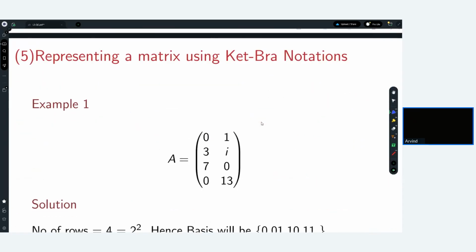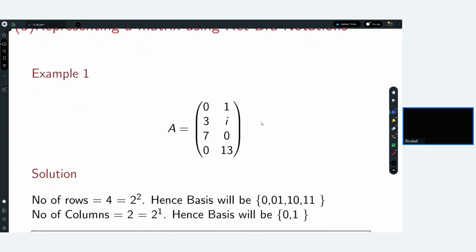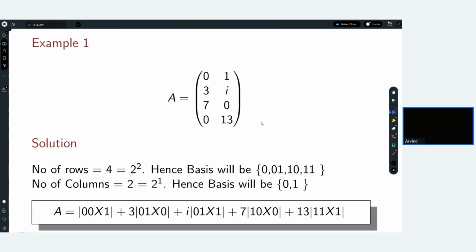Similarly, if we are given a matrix, we can write it in the Ket-bra notation. So this is one example matrix in which there are 4 rows and 2 columns. So here we will need 2 bits to denote the rows and 1 bit to denote the columns, and we can write it row-wise. Because of the 0 term we need to skip it.